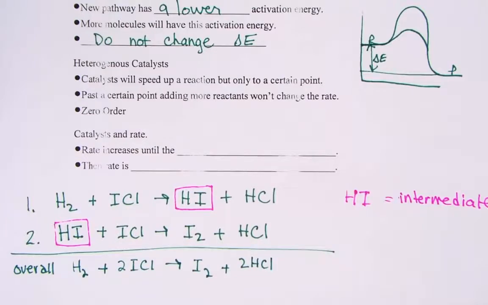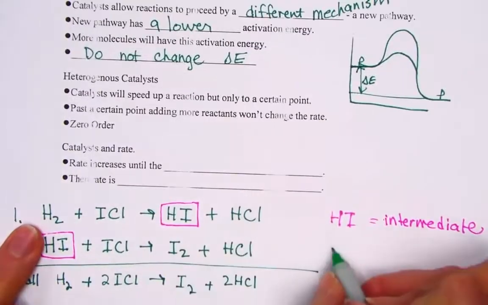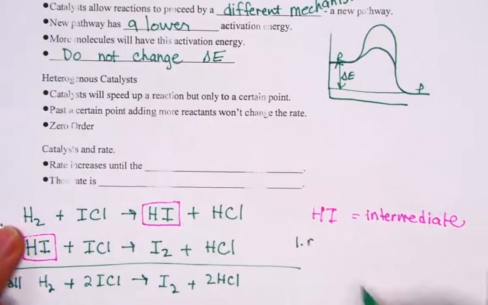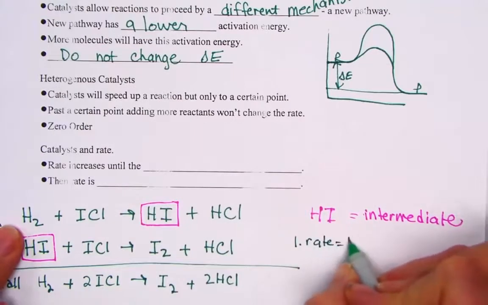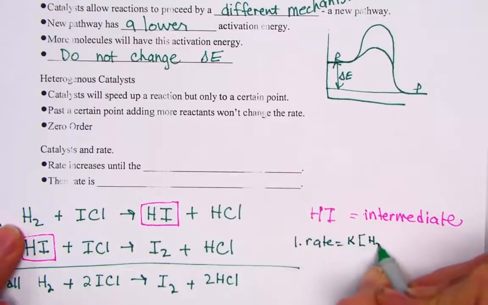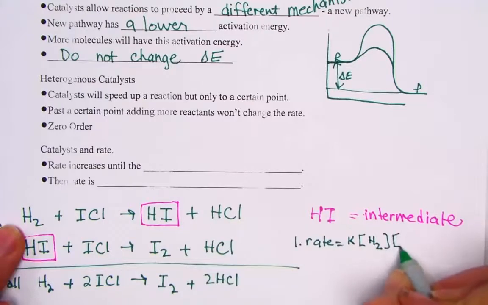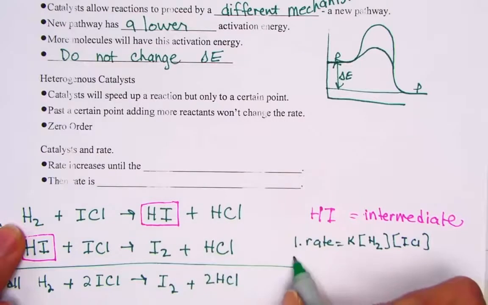The rate laws for each elementary reaction would simply look like this. For the first elementary reaction, we would write rate is equal to K times the concentration of H2 to the first order times the concentration of ICl to the first order.